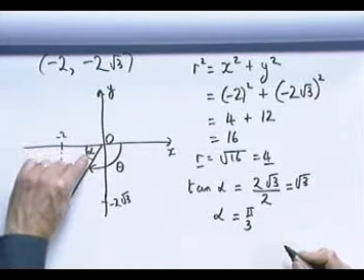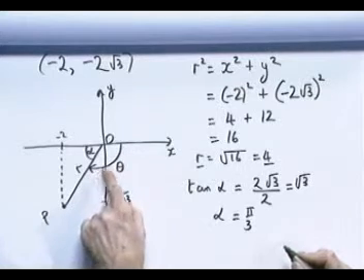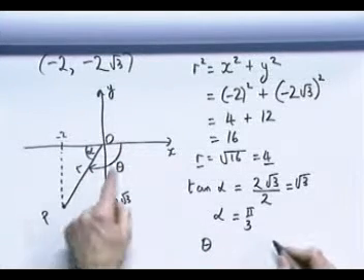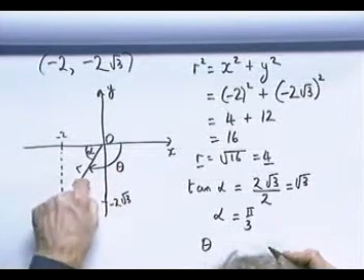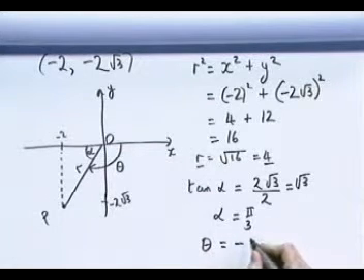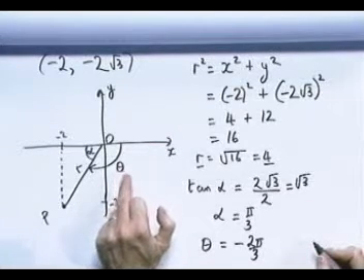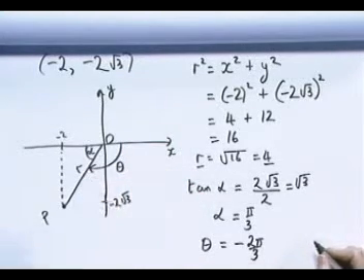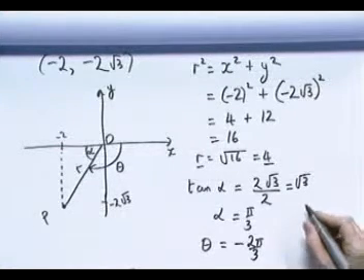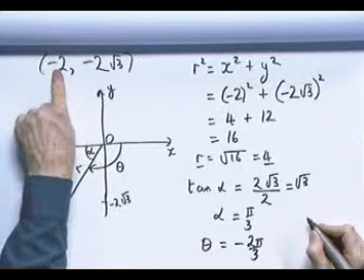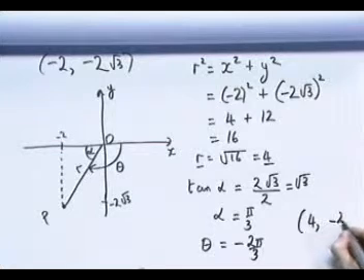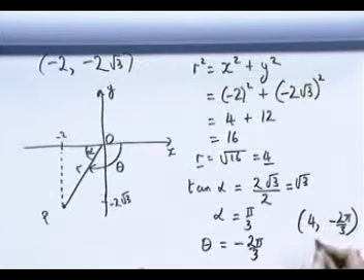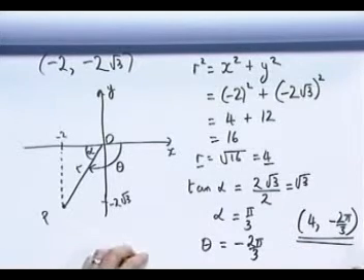So if that's pi by 3, this angle in size is 2 pi by 3. But of course we must measure theta negatively when we come clockwise from the initial line. And so theta is minus 2 pi by 3, the 2 pi by 3 giving us the size, the minus sign giving us the direction. So we can see that the point we've described as (-2, -2 root 3) in Cartesians is the point (4, minus 2 pi over 3) in polars.